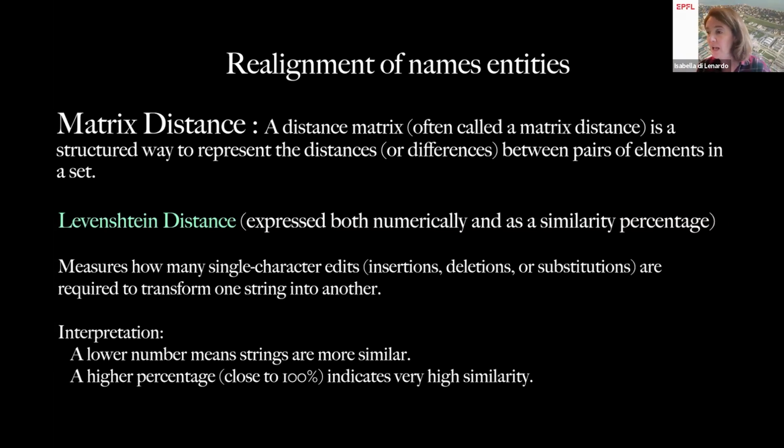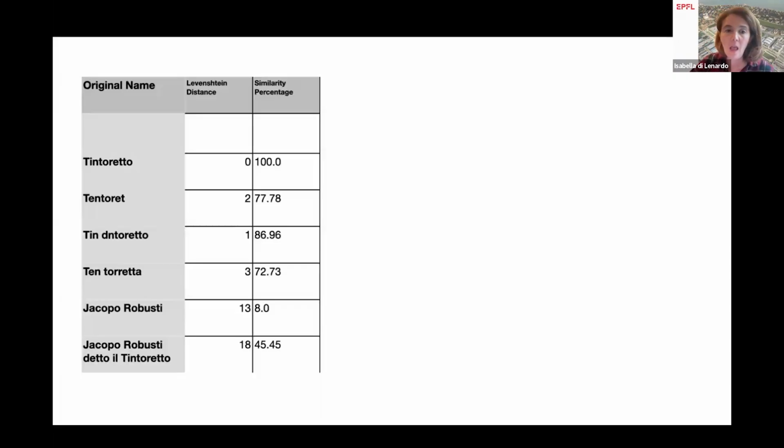But we can also have other ratios for doing it. A concrete example, again on Tintoretto. So the Levenshtein essentially tries to detect the similarity in single character edits.